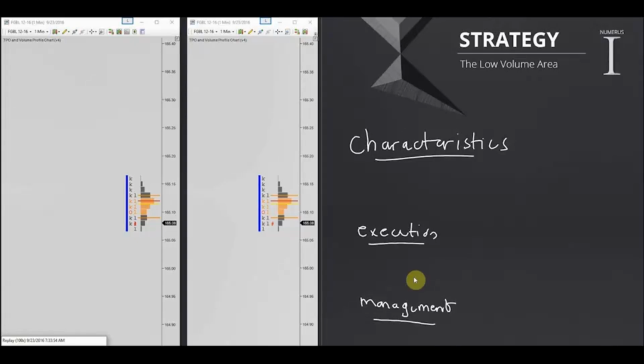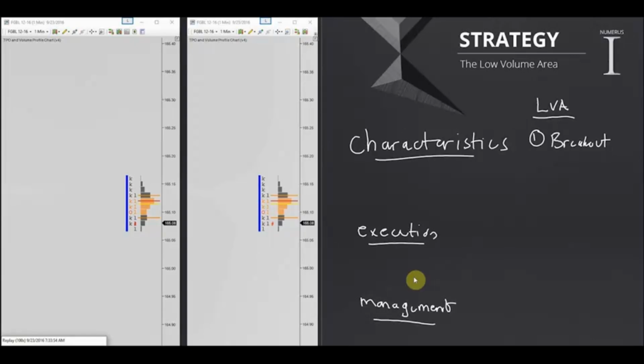So, remember we spoke about three different types of low volume area strategies. The first and foremost was when we had a low volume area which occurred on the breakout. So the most confident was where we had a breakout of the previous day's range and we had a low volume area developing.